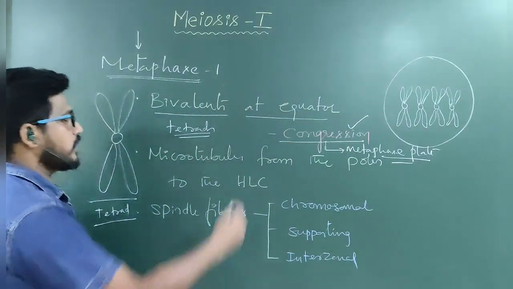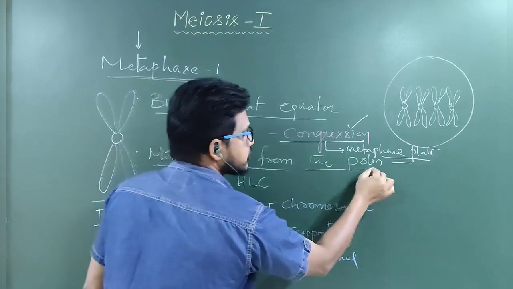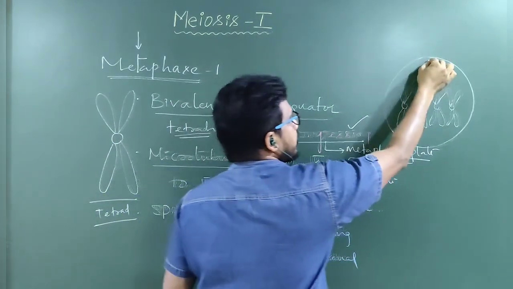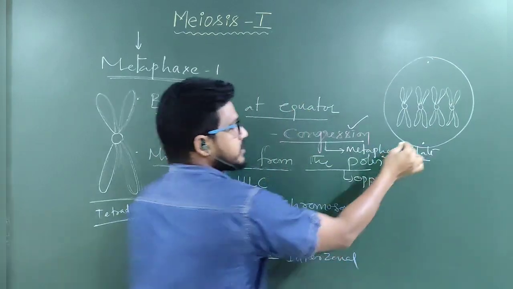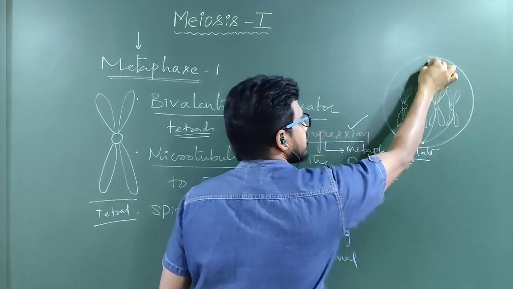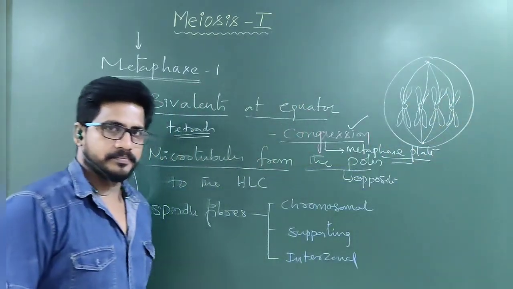Understand? Now, continued by this, microtubules are forming from the poles. Which poles? Opposite poles. So this is one pole and this is the other pole. From these, spindle fibers are coming like this. This is the next initiative in metaphase 1.